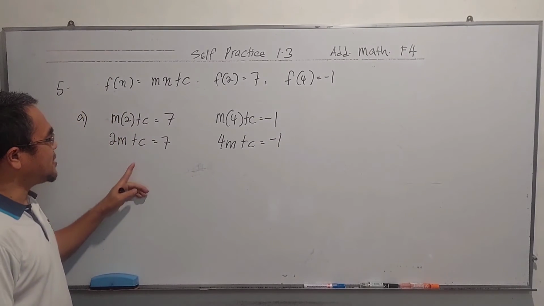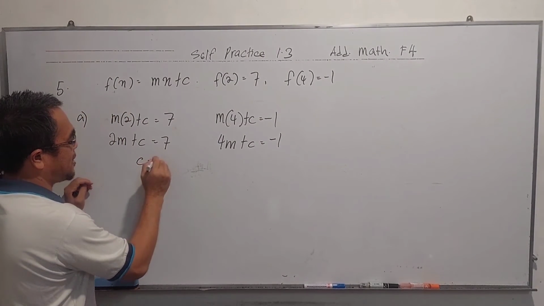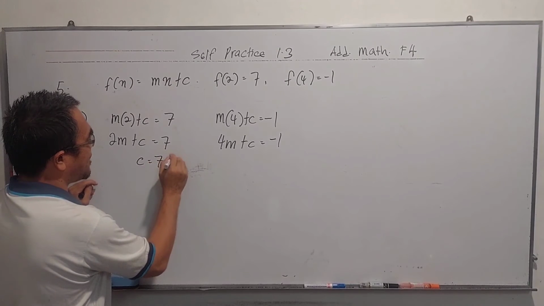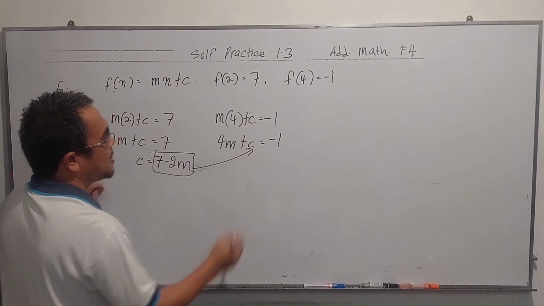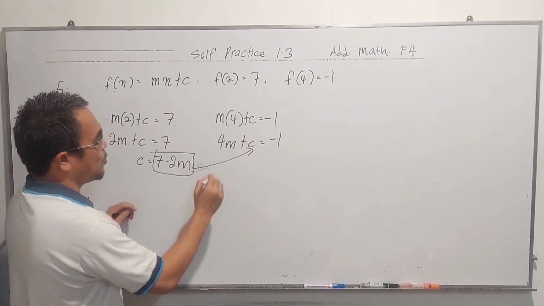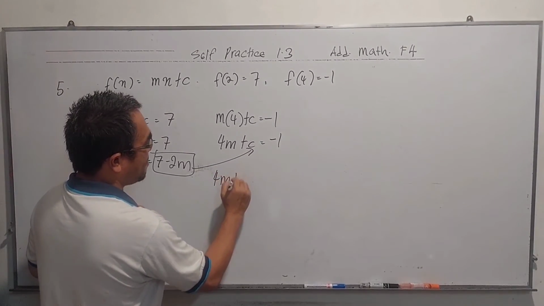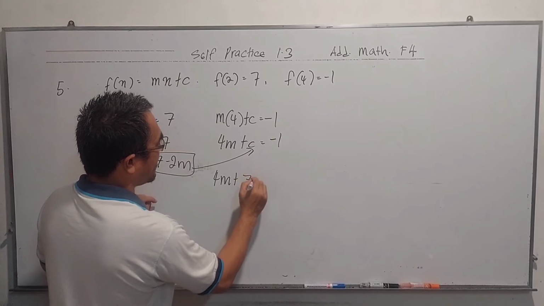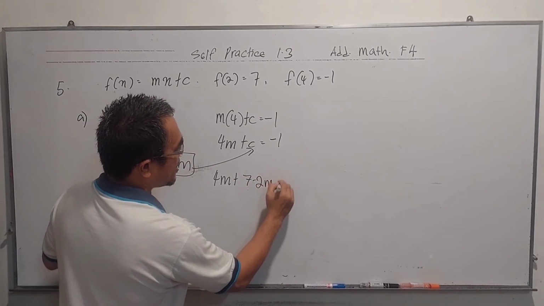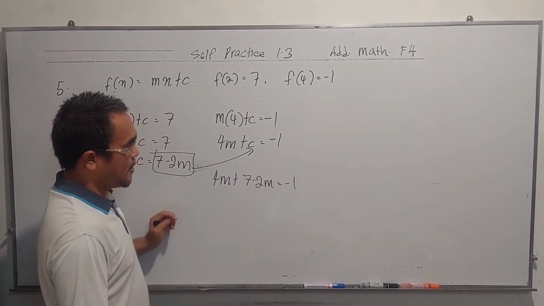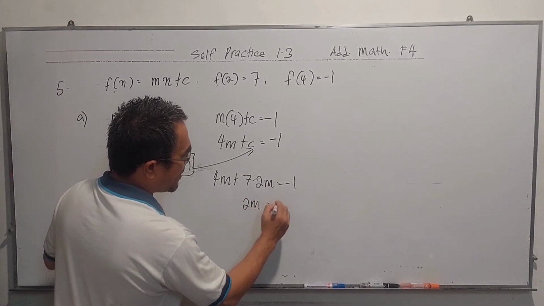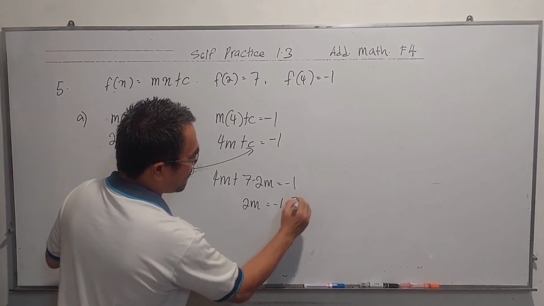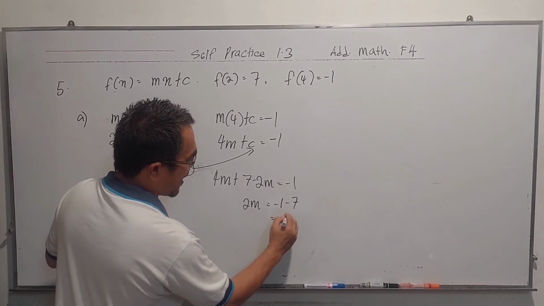So using substitution, I will change the subject to c, so c equals 7 minus 2m, and I will replace this in the second equation. So we have 4m plus c, c is 7 minus 2m, equals to -1. So 4m minus 2m will be 2m, equals -1 minus 7, so it will be -8.